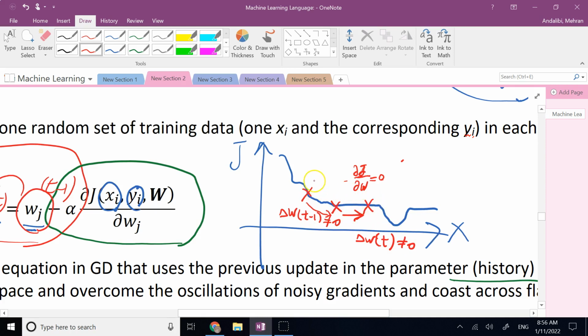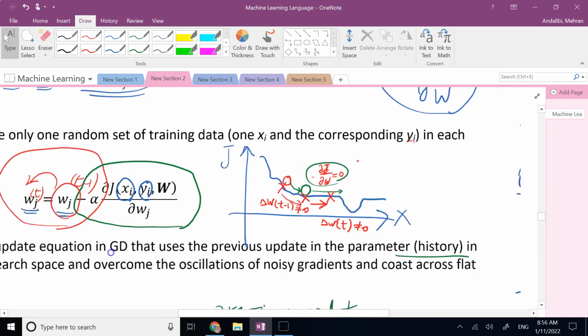In other words, it's just like a rolling ball. When a rolling ball comes down from a height, when it gets to this point here, it definitely has what? It has some velocity. Although on the plateau there is no change in gravity to give it some kinetic energy, it carries some momentum from the previous motion, and that will what? Will carry this guy forward. Just like the rolling ball, if it comes down to here, it still keeps moving because it has some velocity from the previous motion.